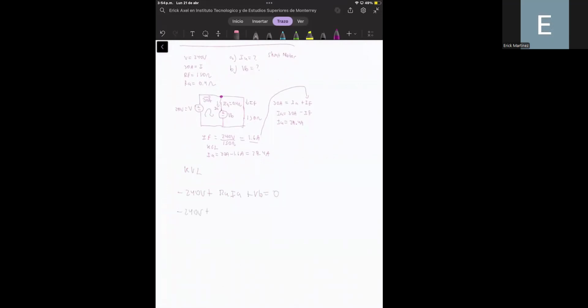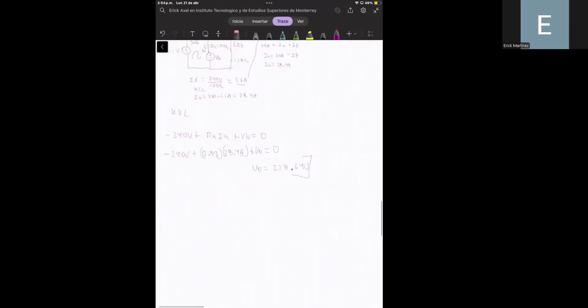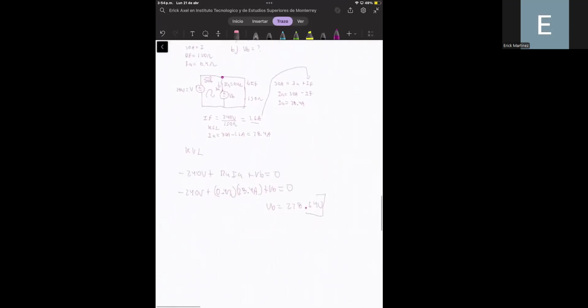So we have that the armature resistance is 0.4 ohms times the armature current, that is 28.4 amperes, and this is equal to 0. So the back EMF voltage is 228.64 volts. Okay, and that's it. No? Now, what else? So this is the back EMF voltage. No? So we have finished the problem.